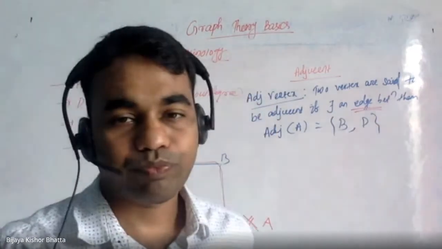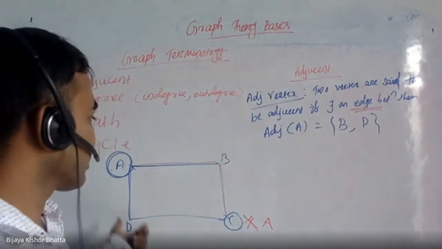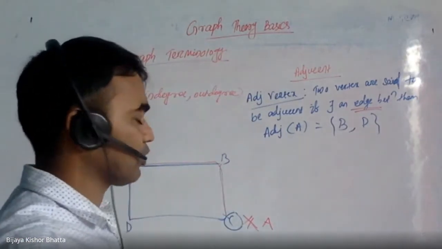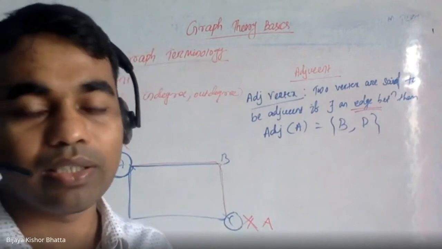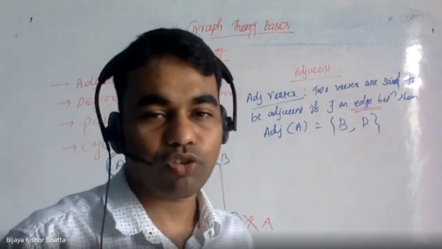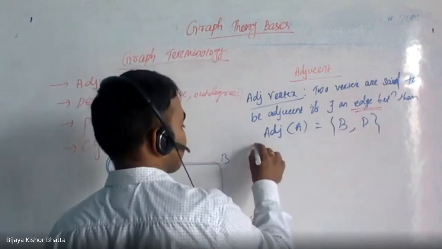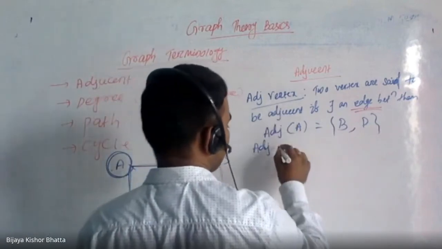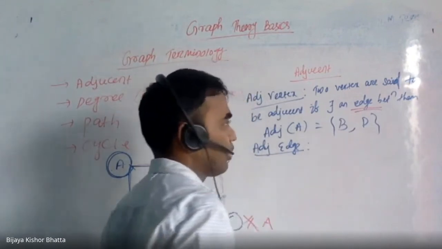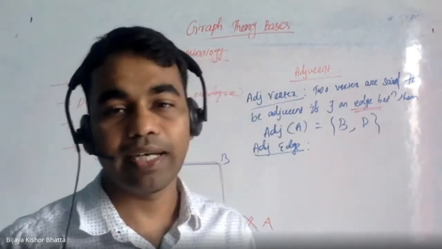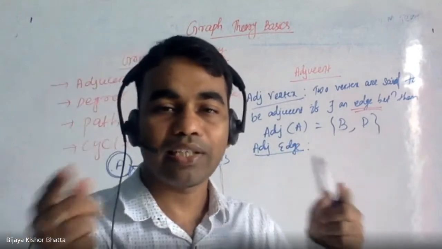So there is also a similar concept for edges, which is not used so much, but you can write it. So what is adjacent edges? If two edges are there and there exists a common vertex.